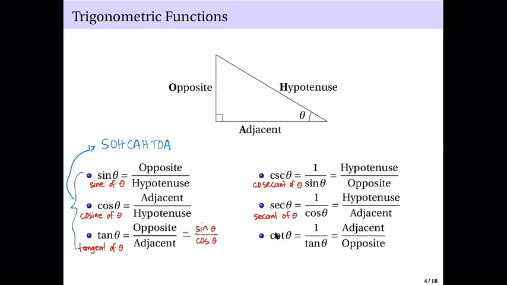And then finally, you have your cotangent theta, cot theta. This is defined to be the reciprocal of tangent, so that's 1 over tangent. And the value of cotangent theta, using these names, is adjacent over the opposite. So these are the 6 trigonometric functions which we define using triangles.